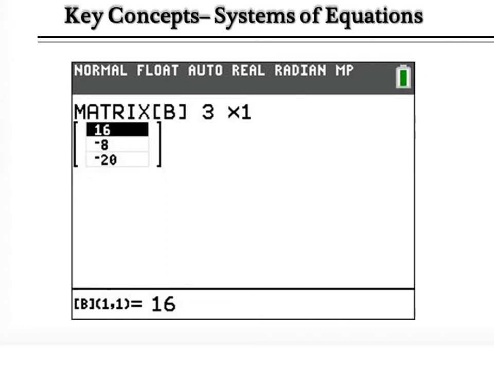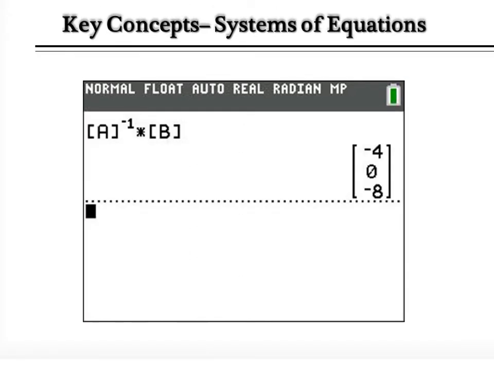And now you're going to be doing matrix A, the inverse of A, times matrix B. So after you've cleared your screen, you go to second matrix, enter, the inverse button, times second matrix, the number 2, or go down to B, and enter again. And I have 3 points of intersection.